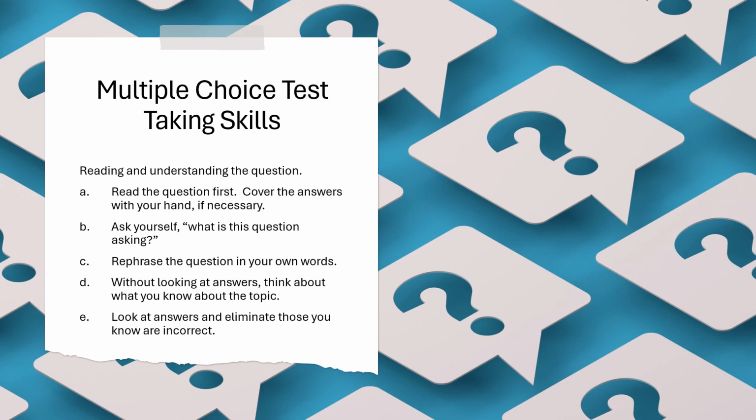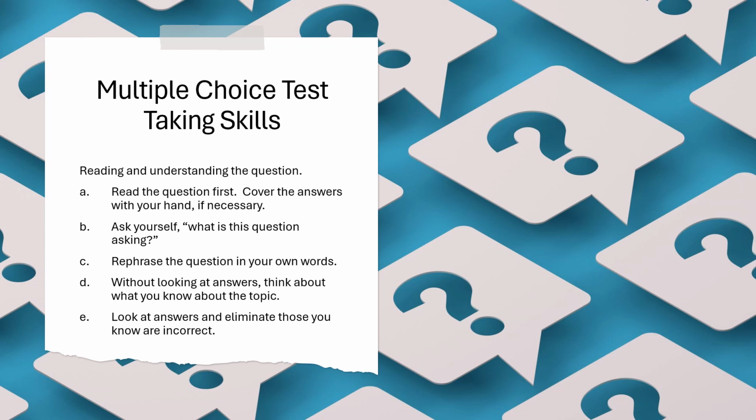If it's some term in science, or some math question, whatever it is, what do I know about that topic? It could be something you just read, because a lot of tests require you to read an excerpt first. So I've asked myself the question, I've rephrased it. What do I know about that? Well, what did I just read? It could be that, or it could be something you learned in class.